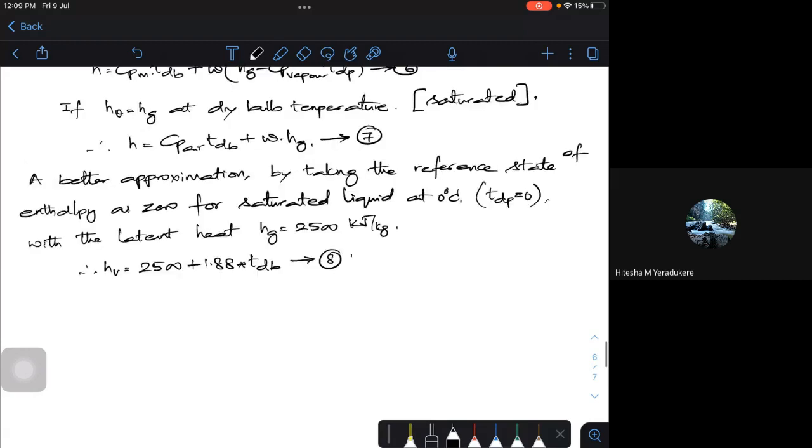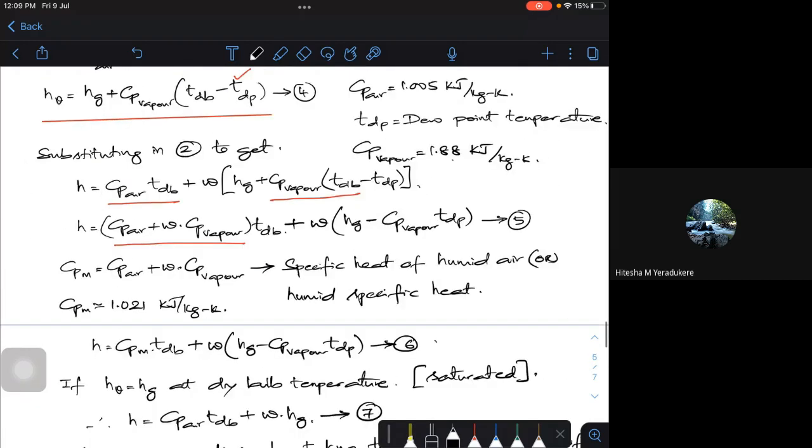So what is your HA? HA is equal to Cp of air, that is 1.005, into TdB.